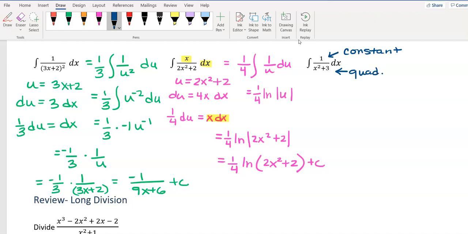So we should notice that this kind of takes the form of something that we're familiar with. Something that you might be familiar with is that the integral of 1 over x squared plus 1 dx is equal to inverse tan, or arctan, of x, of course, plus c, once you get your final answer.